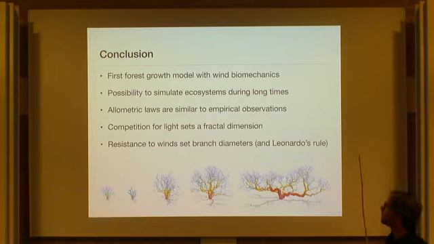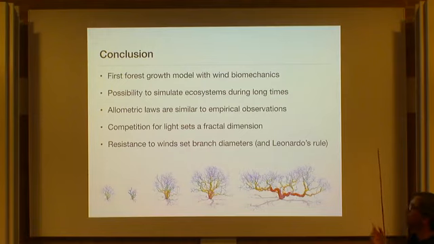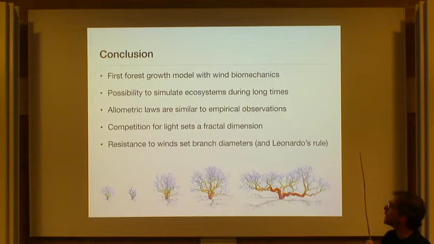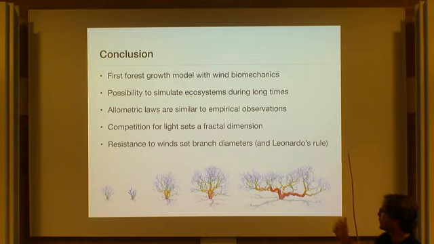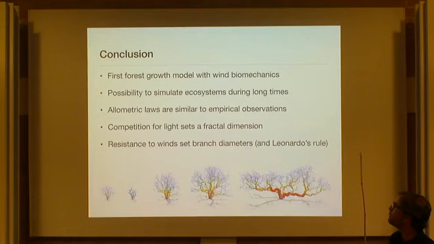Okay, so I wanted to share with you this work. It's a computation of growth that includes wind biomechanics and regulation of it through allocation of biomass. So there's wind and competition for light. The main thing is that we recover most of the allometric laws that are observed in nature.